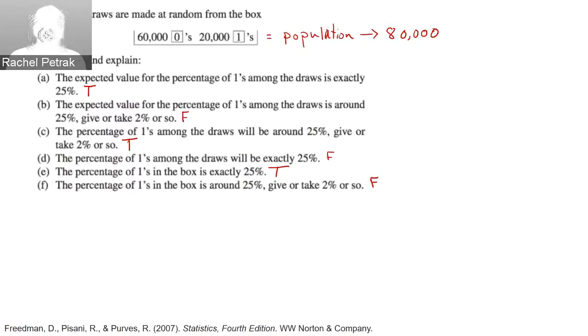Well, we already know the percentage of ones in the box is exactly 25%, not around 25%, give or take a standard error. The box is static. The box doesn't change. It's the draws from the box that have a standard error in them. Thus, we know what's in the box, so there's not any need for any error term.